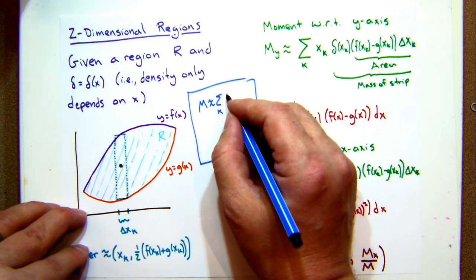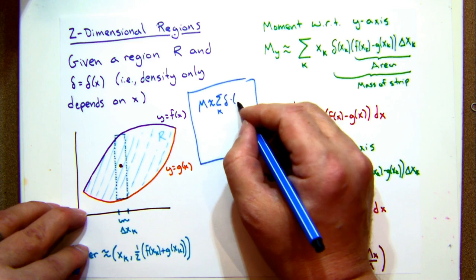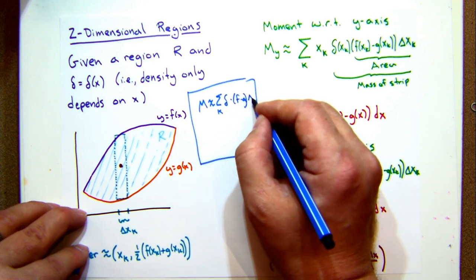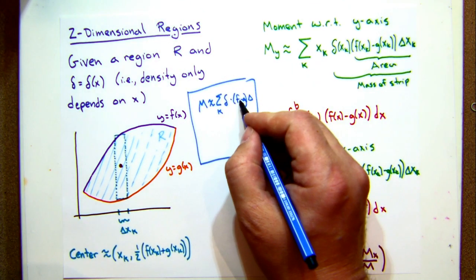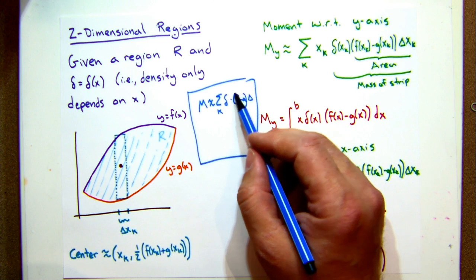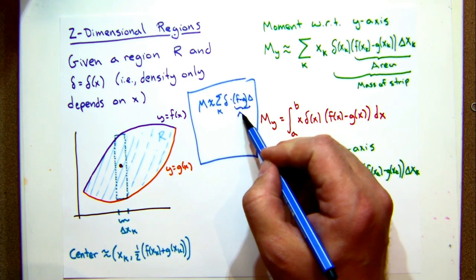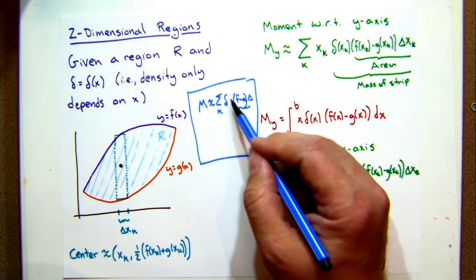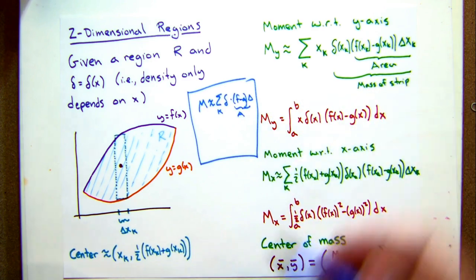Well, it's approximately the sum over k of my density times my height times my width. Now, why do I say that? Well, my height times my width, this f minus g times delta x, that's the area, and density times area is mass.